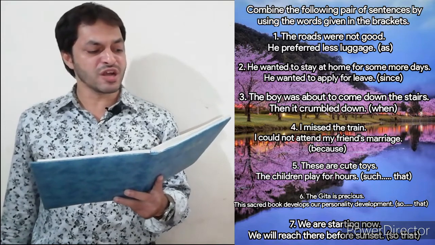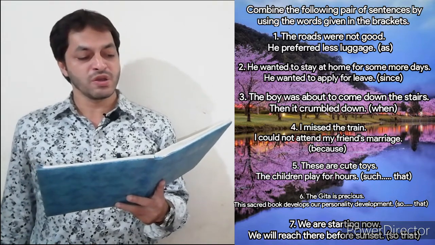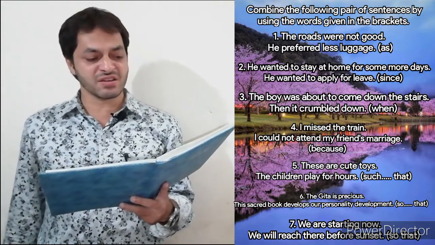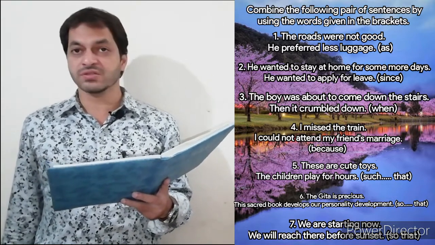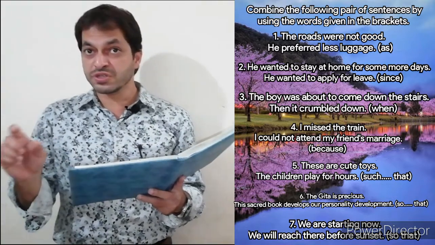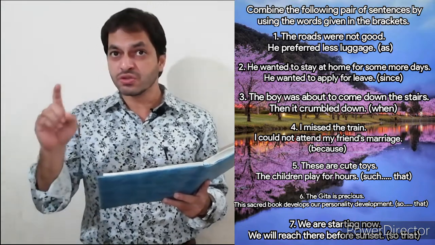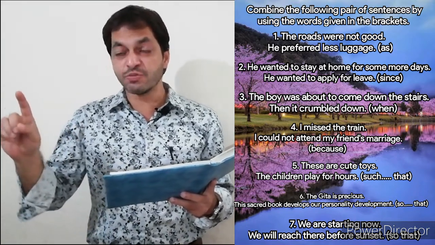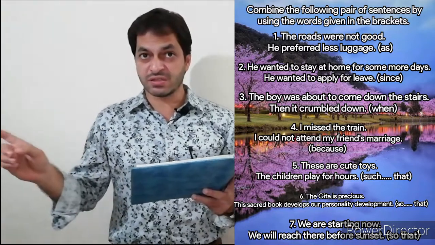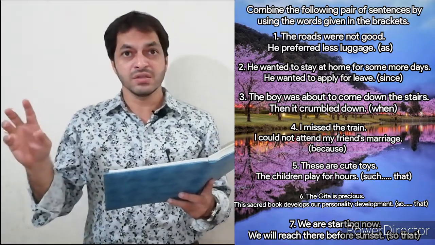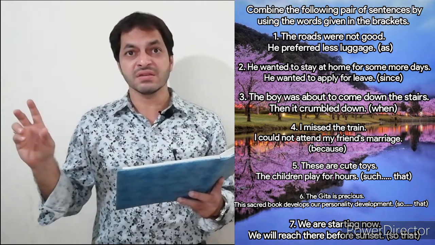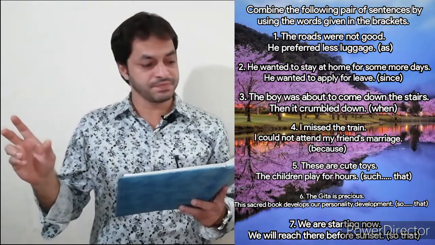Seventh one, we are starting now. We will reach there before sunset. Here we should not follow the format so plus adjective plus that clause. Here so that is the conjunction.